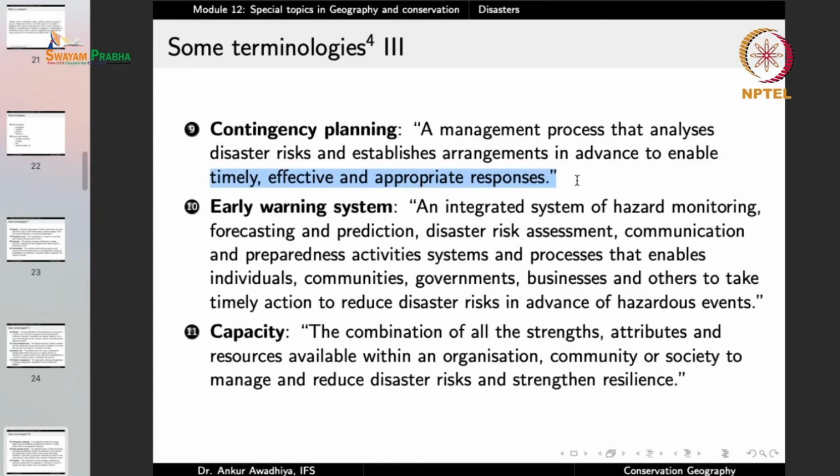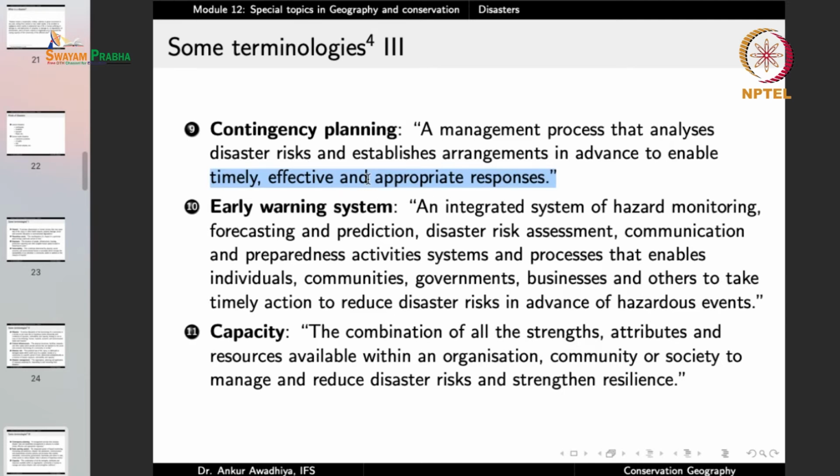They should be timely, meaning they should be ready to work as soon as the disaster has happened. They should be effective, which means that you should have substantial amount of infrastructure, substantial amount of resources so as to enable a proper response to the disaster.